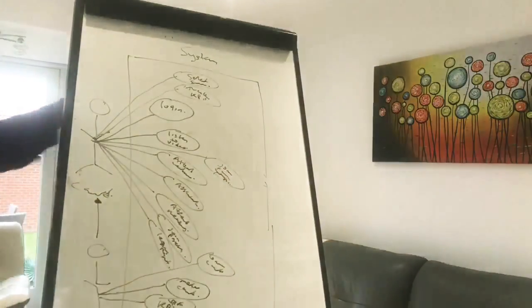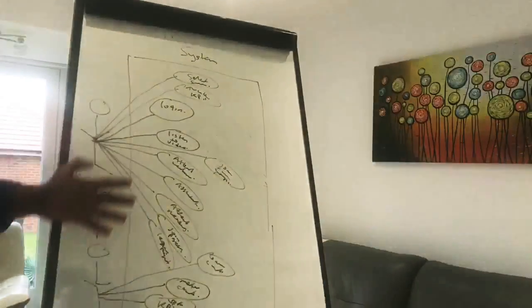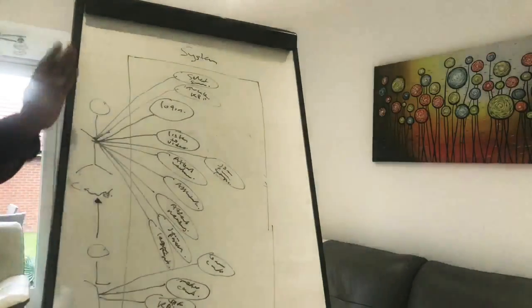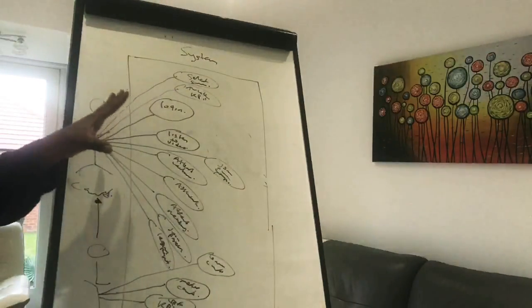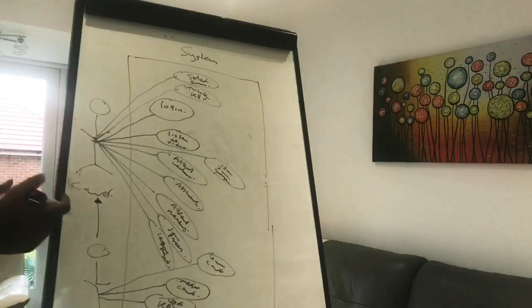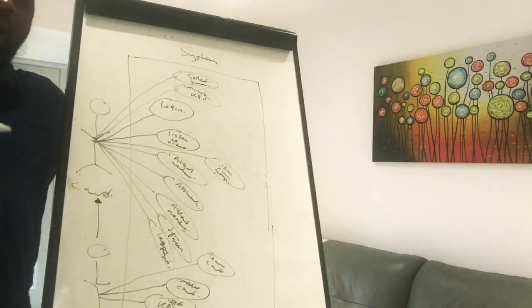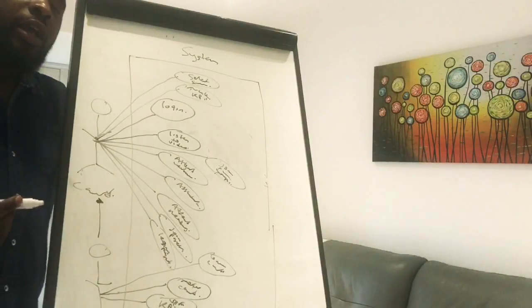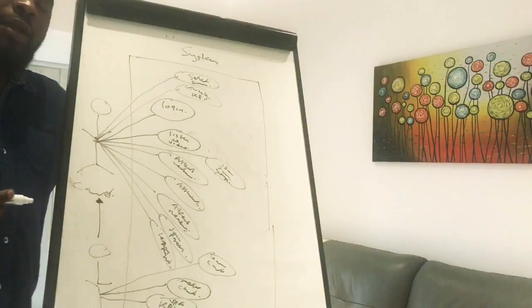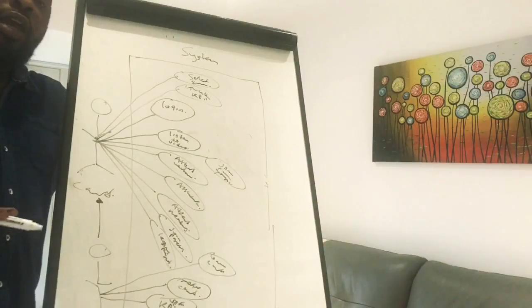If we look at this use case, we understand exactly how the candidate interacts with the system. But then what are other conditions here? For example, when I log in, is there anything that happens as a result? Do I get a notification?